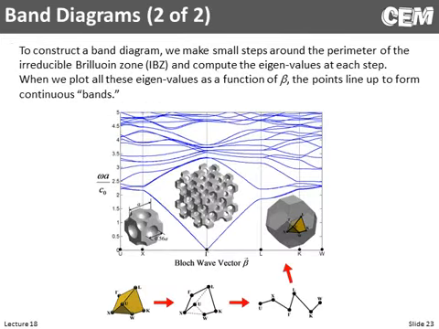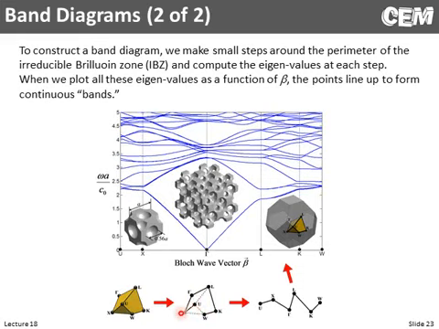So here's how they're constructed. The horizontal axis is actually our list of Bloch wave vectors. Typically what we do is we construct an irreducible Brillouin zone. We label the vertices, which are called key points of symmetry, and rather than iterate through every single point within this volume, which would be a whole bunch of points, we're just going to set a line path somehow traversing all of these key points of symmetry around the irreducible Brillouin zone.